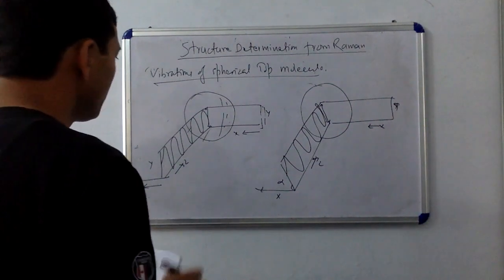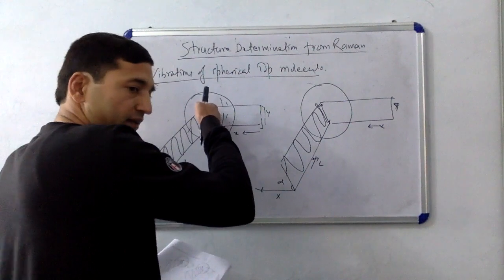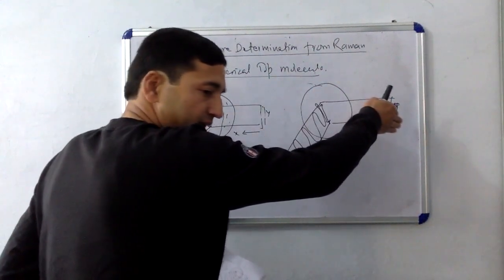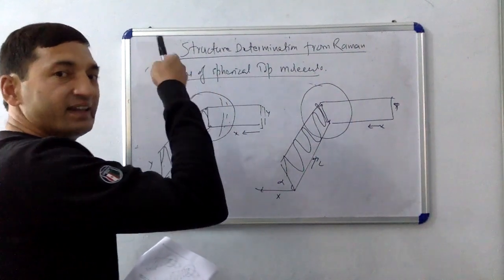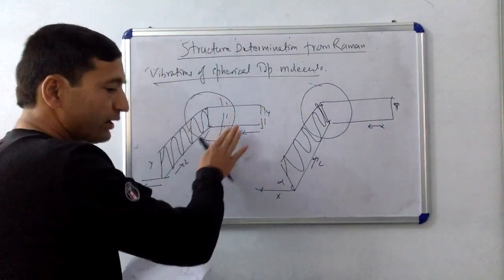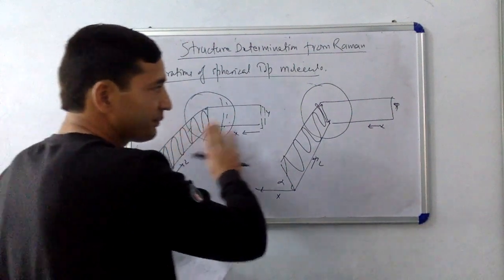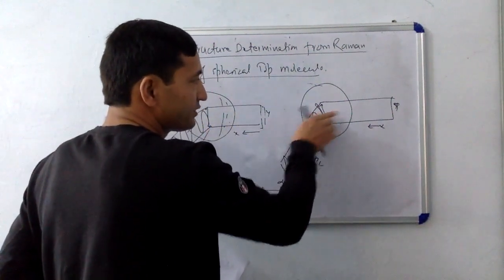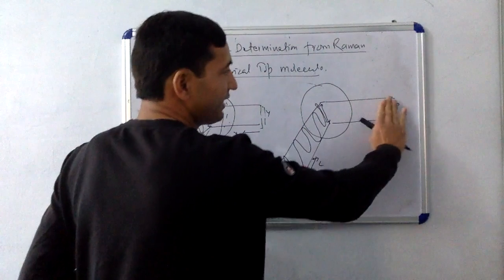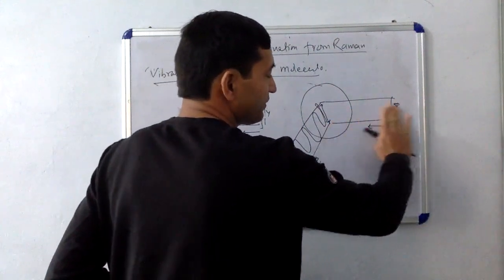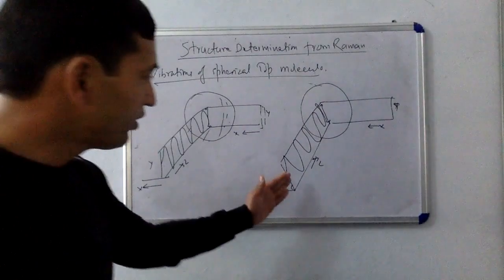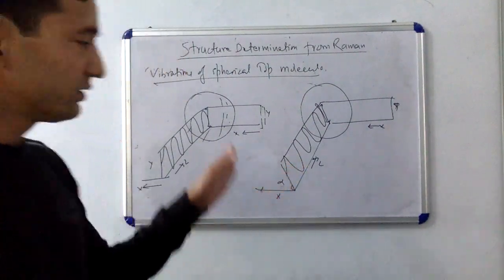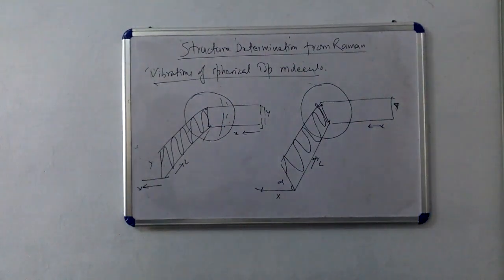The induced dipole moment lies in the xy plane, and the oscillating field gives the output as linearly polarized, plane polarized light, whatever this angle alpha is, because I am observing perpendicular to the beam.